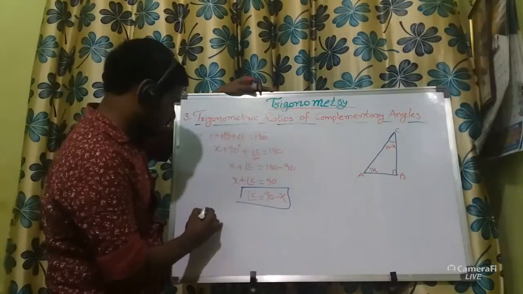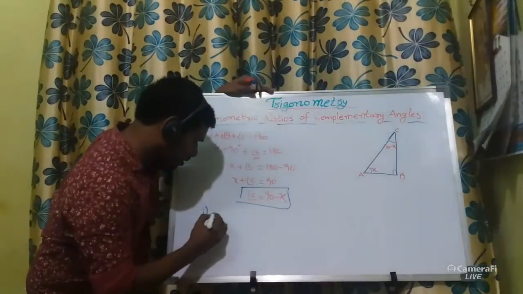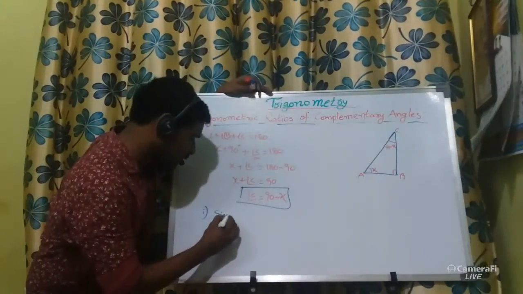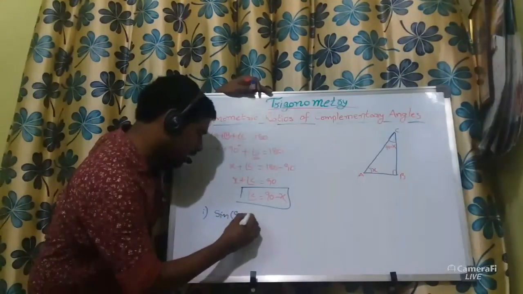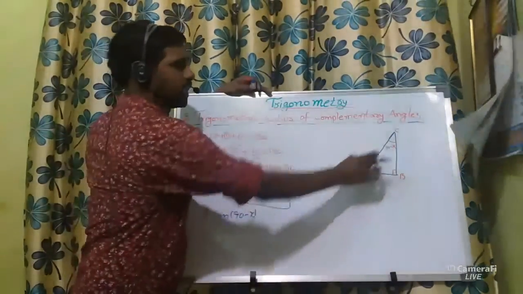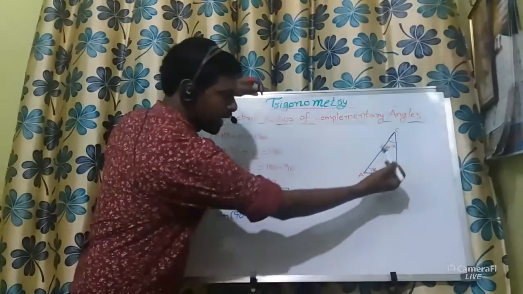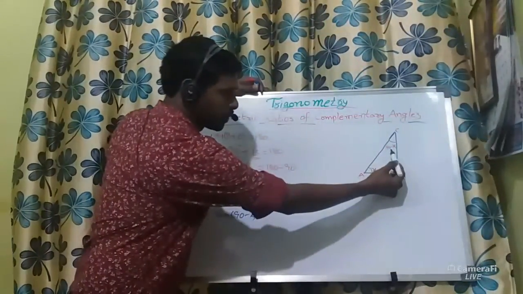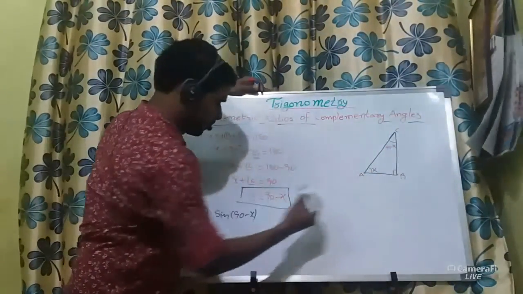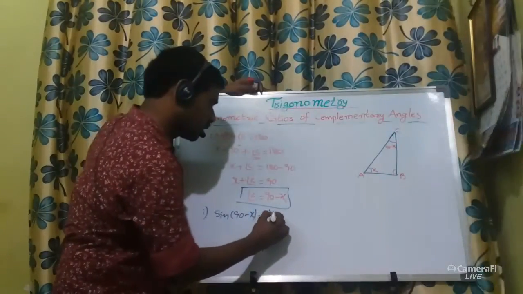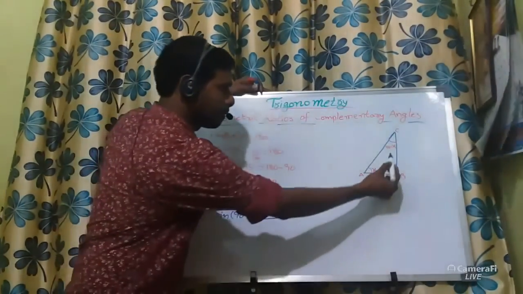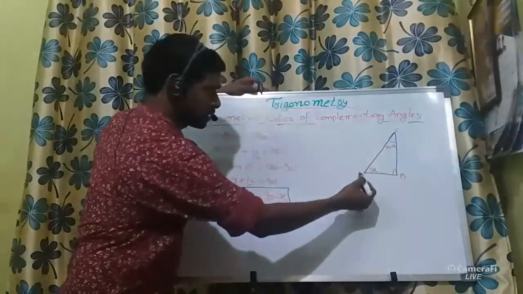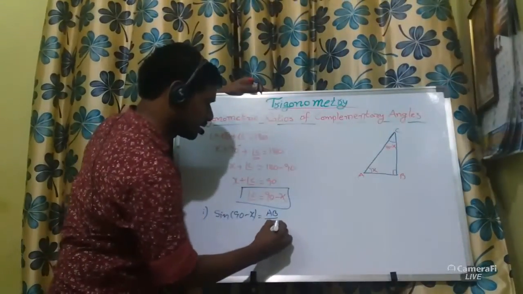The first one is sine 90 minus x. With respect to this angle, the opposite side is AB, and the hypotenuse is AC.